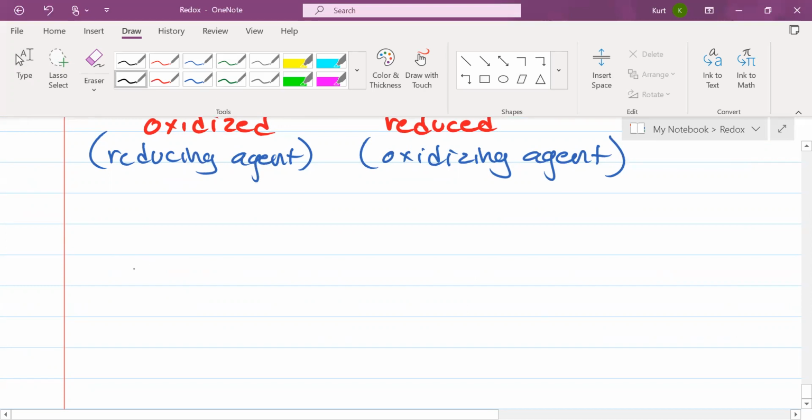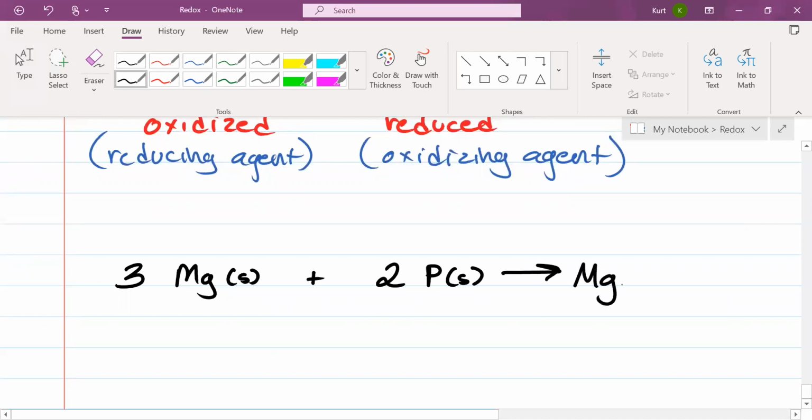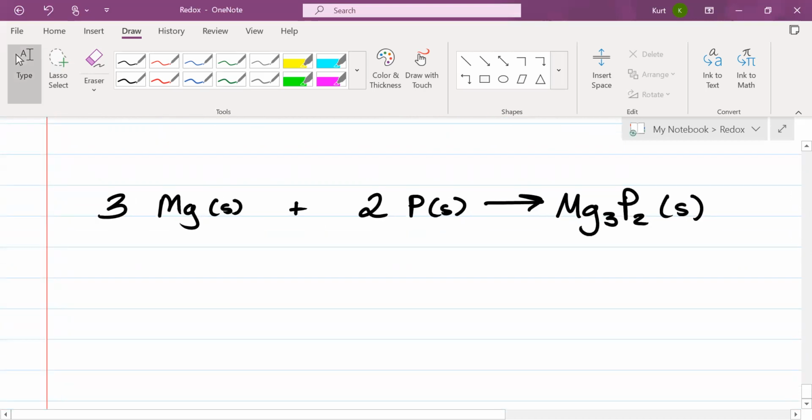All right. Can you tell me the oxidation numbers?